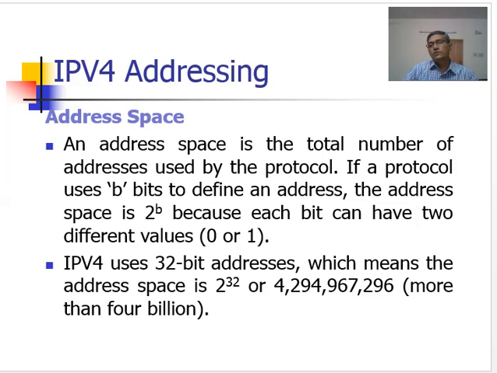Because we use binary notation, where either 0 or 1 is possible, so there are 2 power B combinations available. Since IP version 4 uses a 32-bit address, the total address space is 2 power 32, which is around 4 billion. So 4 billion addresses are possible in the IP version 4 address scheme.